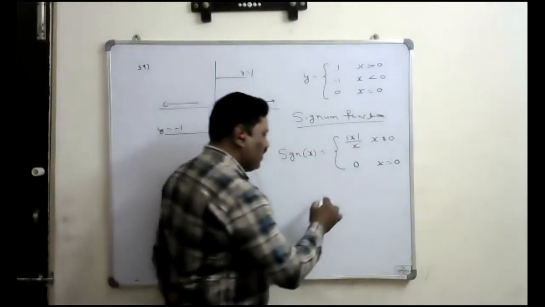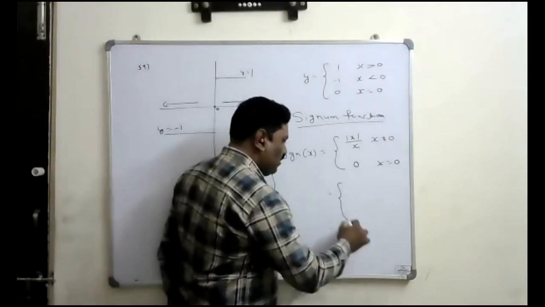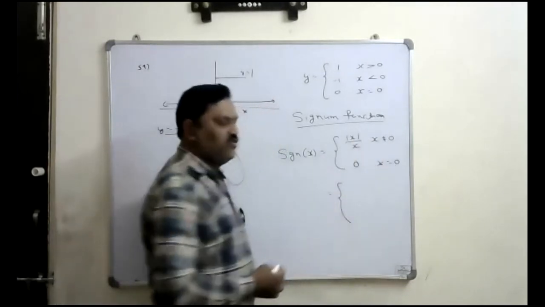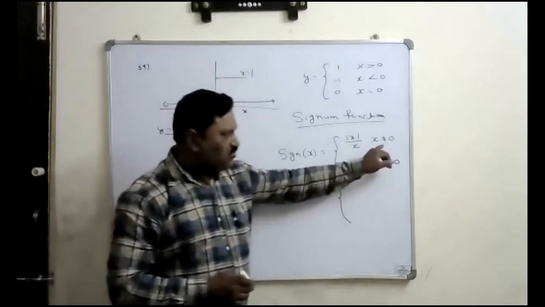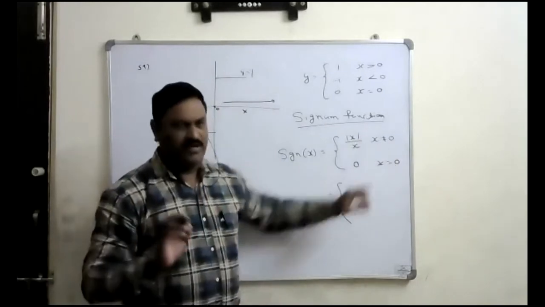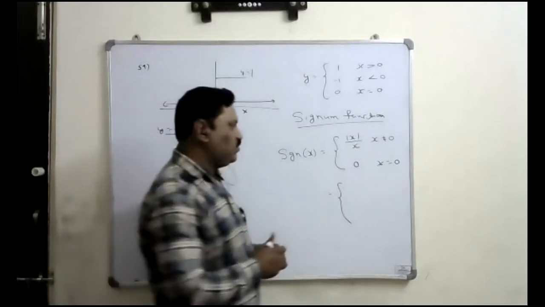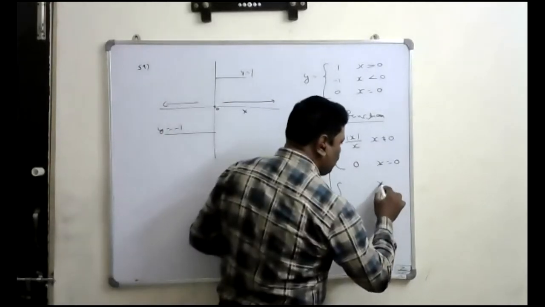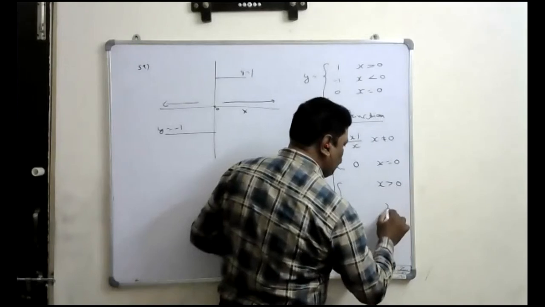This you can also simplify further. Here we mentioned x not equal to 0, meaning x can be positive and can also be negative. So we will take two cases: when x is positive and when x is negative.